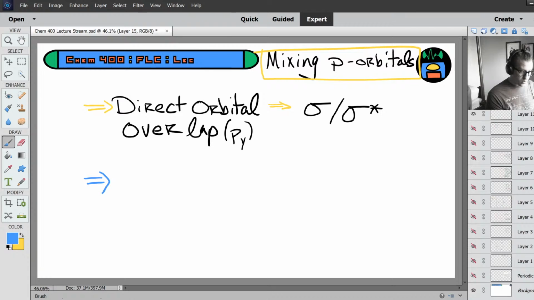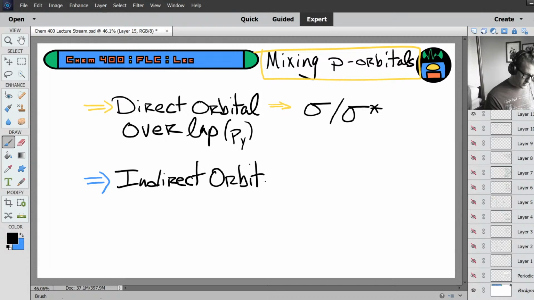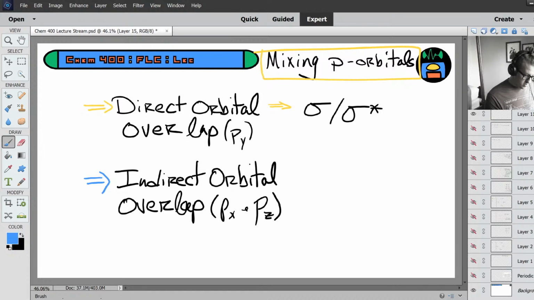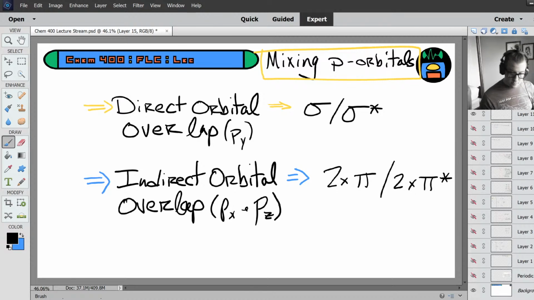And the indirect orbital overlap from px and pz results in two pi bonding orbitals and two pi star antibonding orbitals.